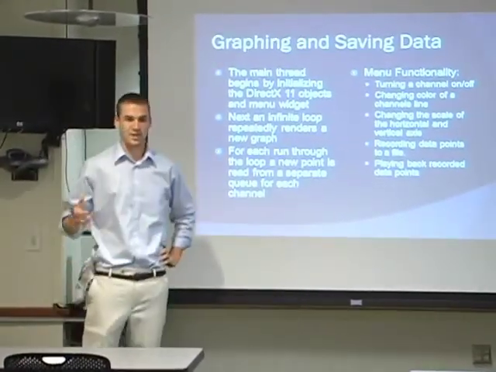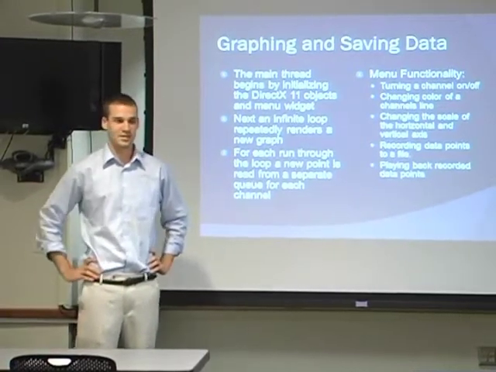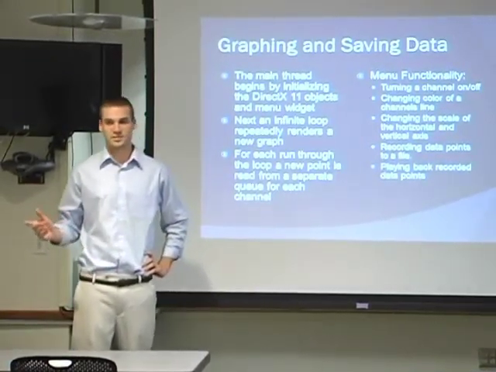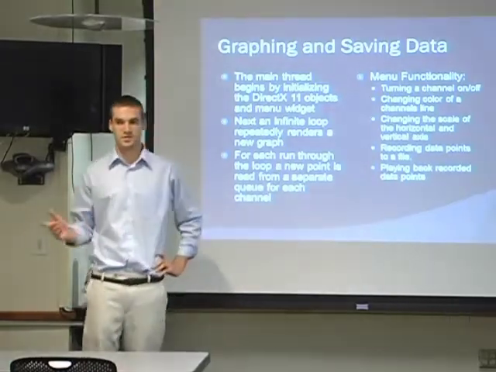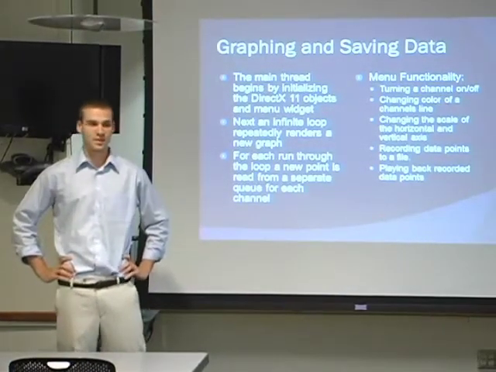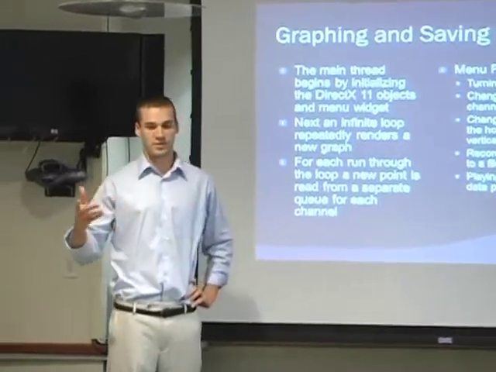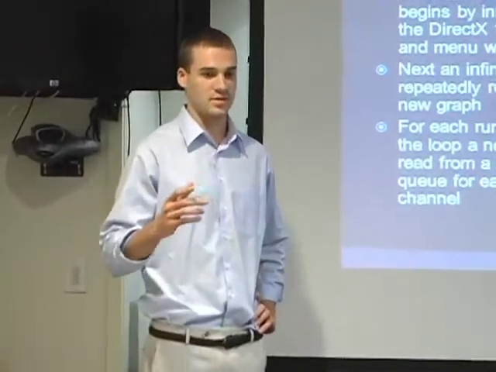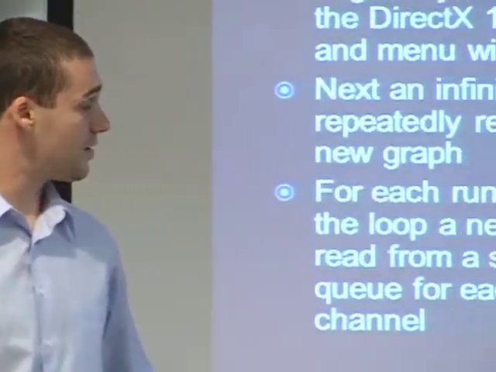So I start off by initializing the user interface, which consists of initializing the DirectX 11 objects, and then initializing the menu widget, and then it goes into an infinite loop that first checks if a user's been pushing anything, and then if not, it just renders each time, and takes the newest data from the queue that Matt's been putting in, and shifts over all the old data to make it scroll.